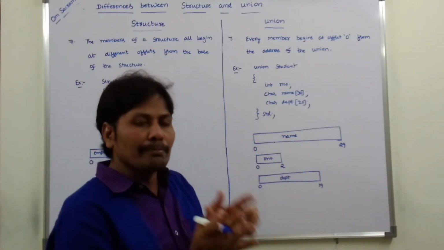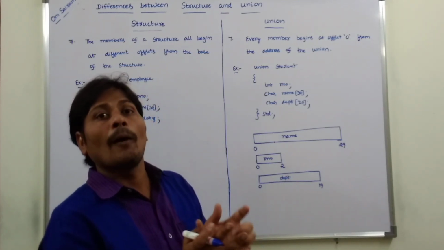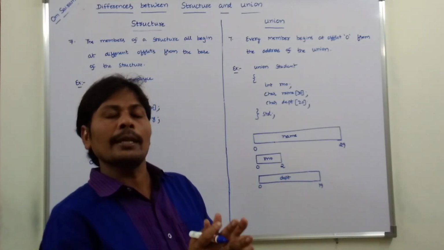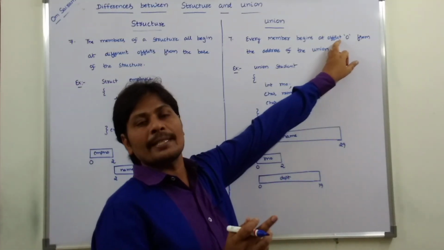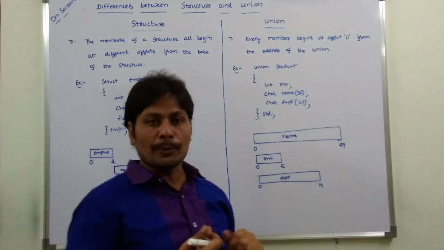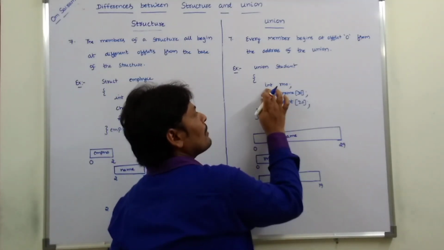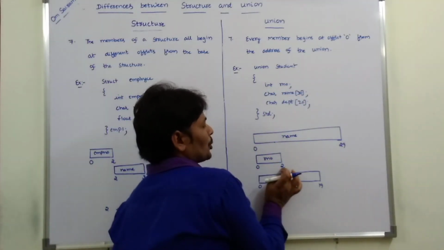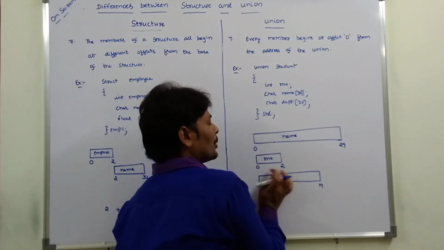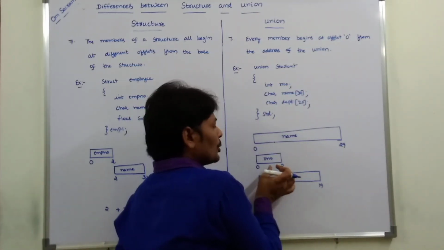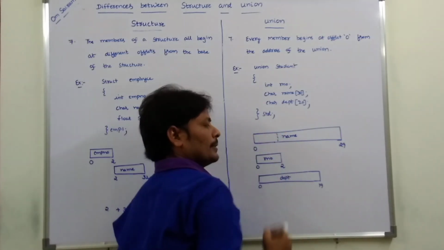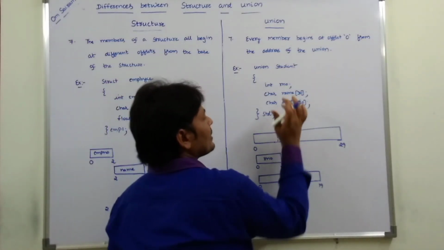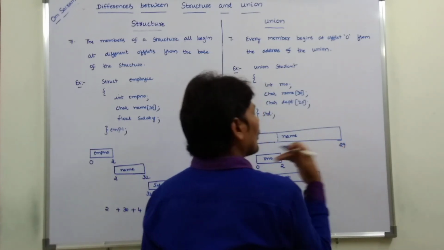Okay, in this memory of 30 bytes, all the members are stored. Each member starts at offset 0. Offset means each member starts at 0th location. The first member, roll number, here 0 to 2. It occupies 2 bytes. Difference is 2. 2 bytes of memory is allocated. Okay, the second member is name. Name completely occupies it.